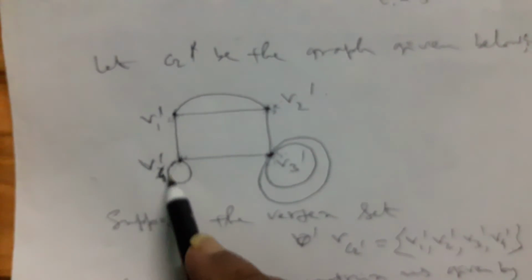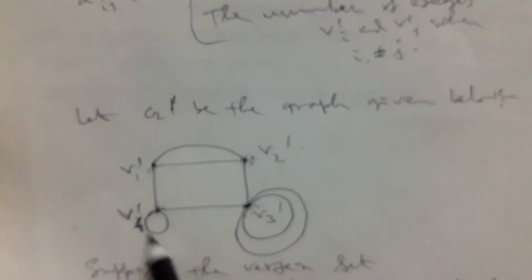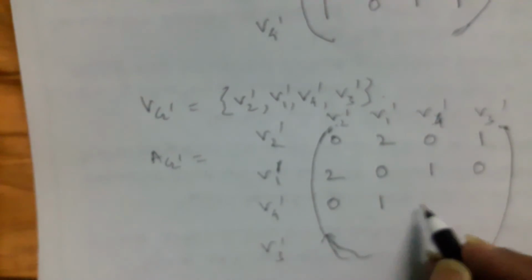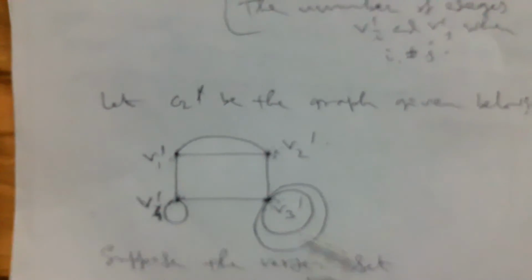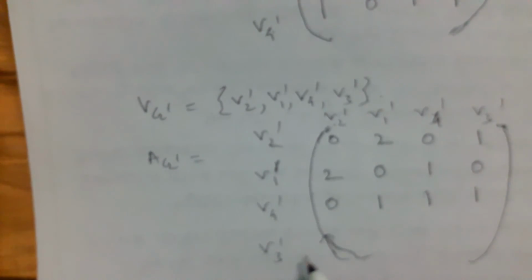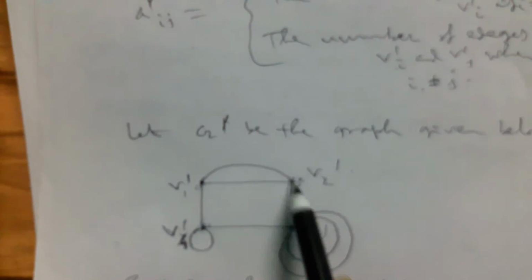V4 dash, V4 dash, since there is a loop, by the definition of the loop, the number of loops is 1, so the result will be 1. And V4 dash, V3 dash, only one edge is there, so the result will be 1. V3 dash, V2 dash, the result will be 1.